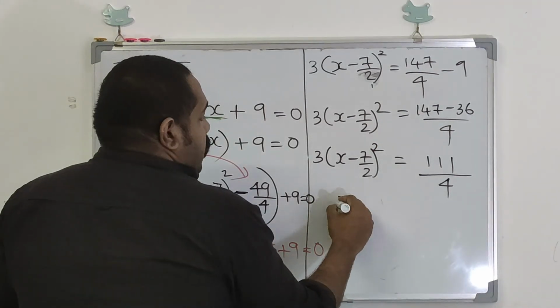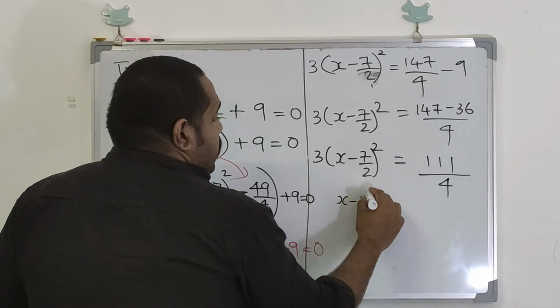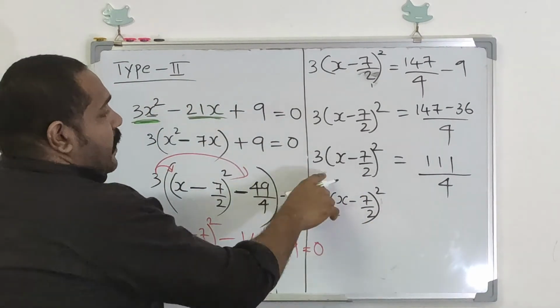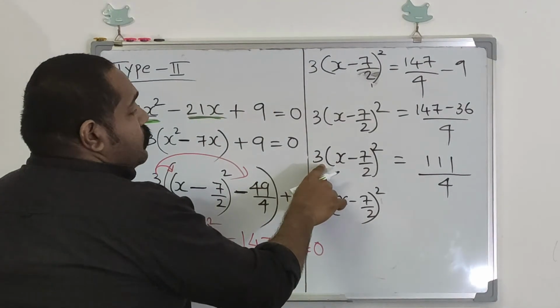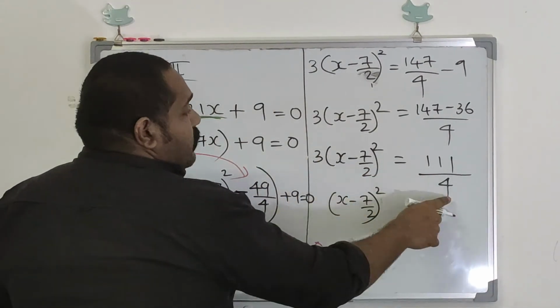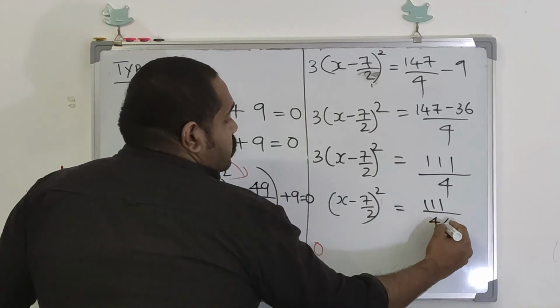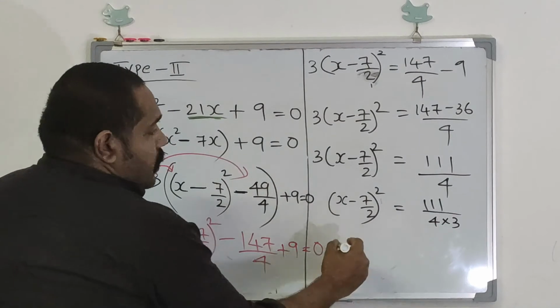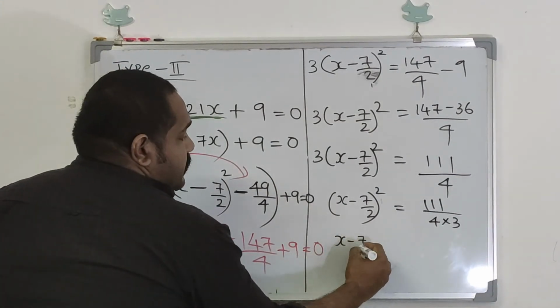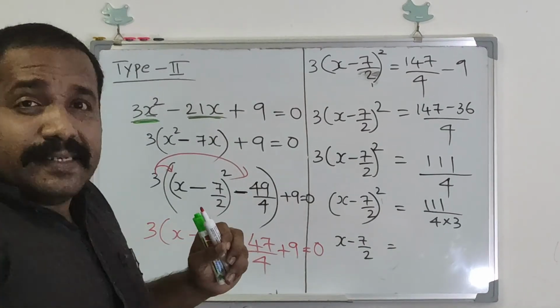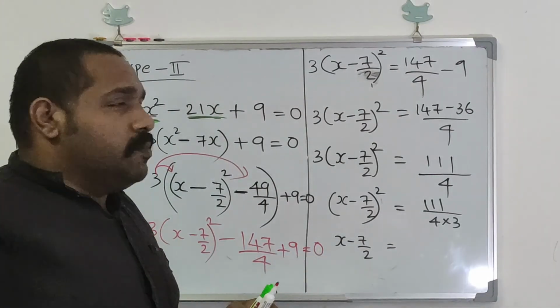Therefore, x minus 7 by 2 whole square. So you can do some little algebraic operations. So 3 is multiplied with this. If you are bringing this 3 to this side, it becomes 4 times 3. So x minus 7 by 2, because x is stuck inside the square, we have to take the square root on both sides.